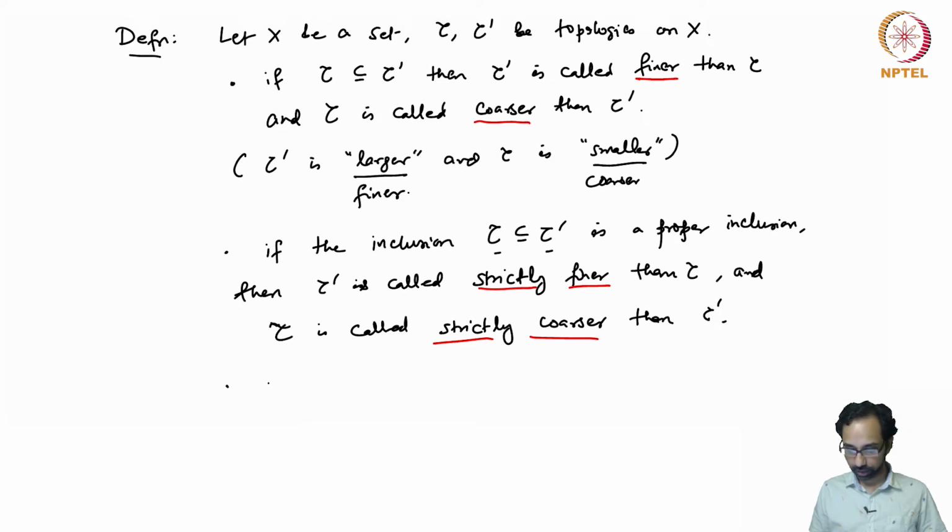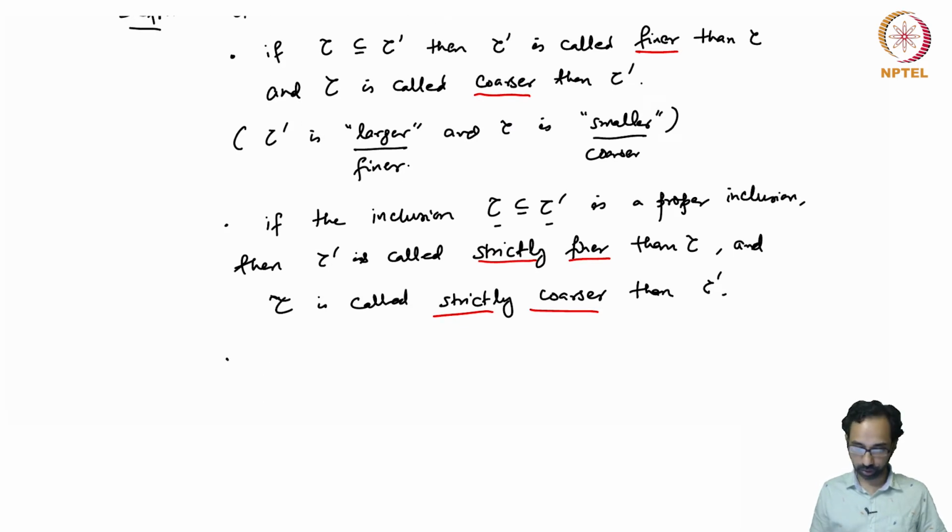Now it may happen that tau is not a subcollection of tau prime, and at the same time tau prime is not a subcollection of tau. In this case we use a different terminology.